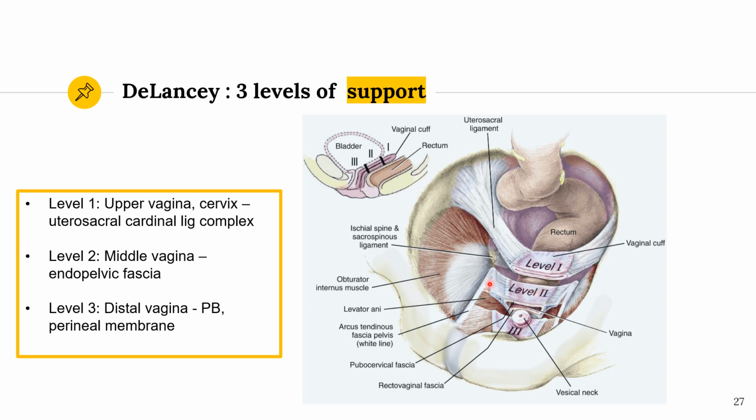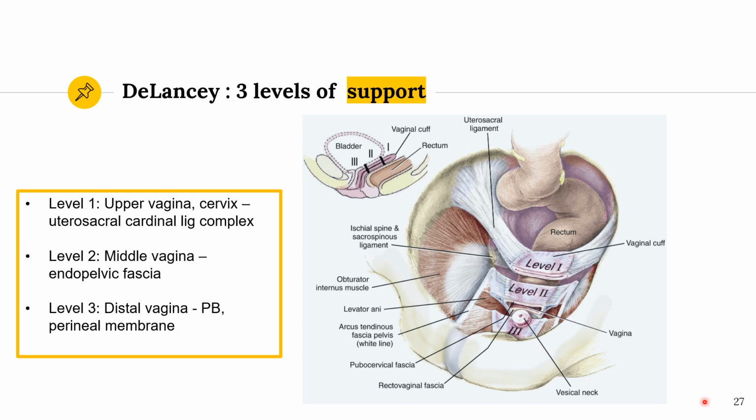For level 2, the support is provided by the endopelvic fascia, the paravaginal attachments, along the middle length of the vagina to the white line laterally, to the ATFP laterally. And for level 3, the support is provided by the perineal body and perineal membrane.